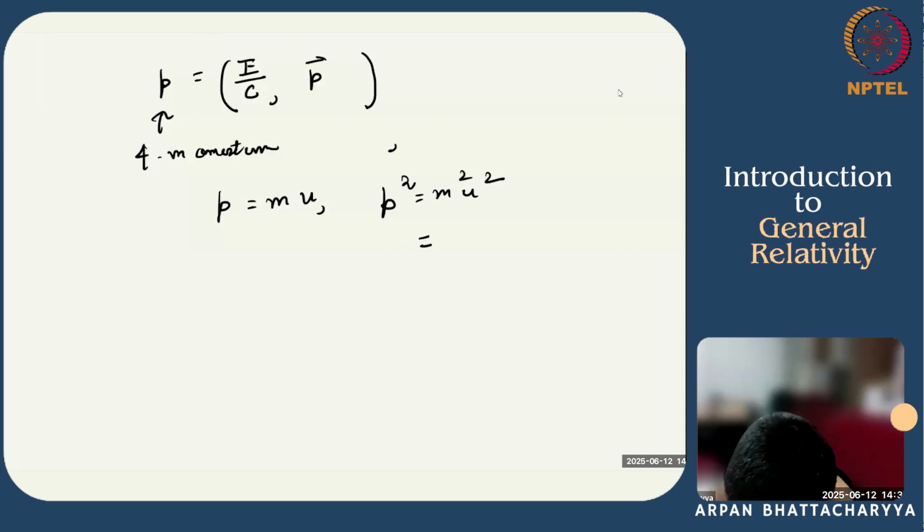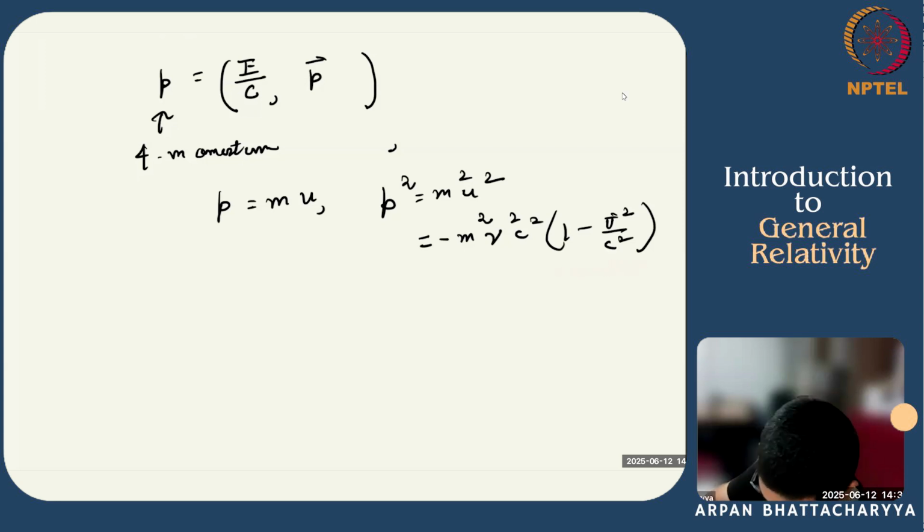Remember, u square is m square gamma square c square times 1 minus v square by c square.